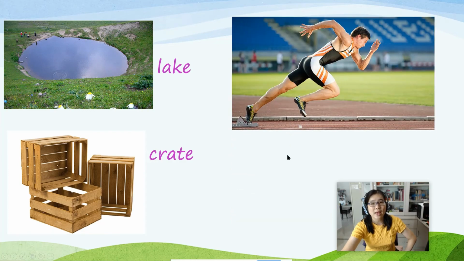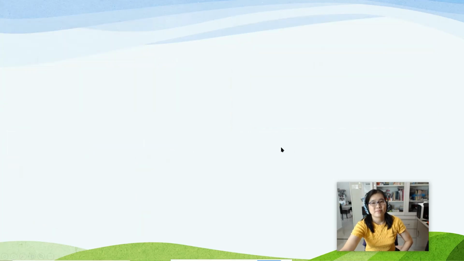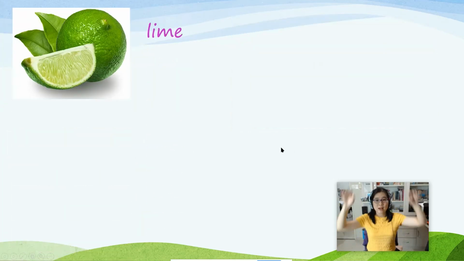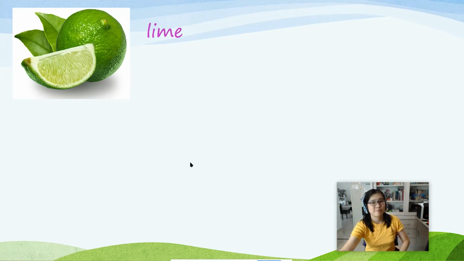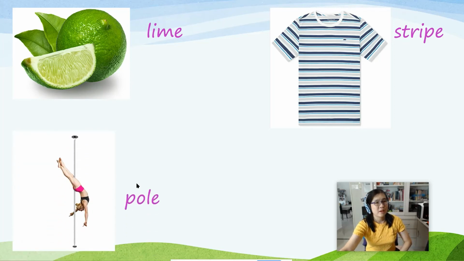Next one, we have L-E-T, athlete. Now let's look at this one. L-I-M, lime. S-T-R-I-P, stripe. What about this one?